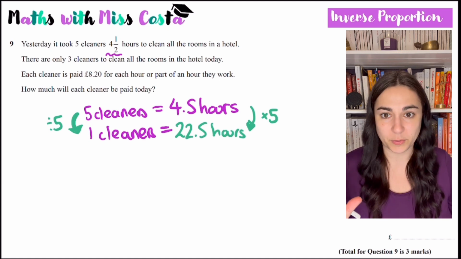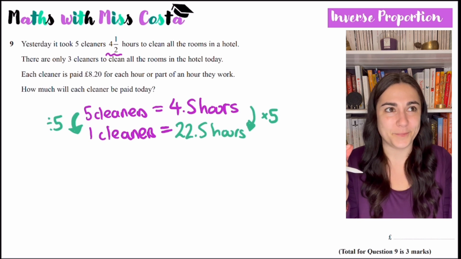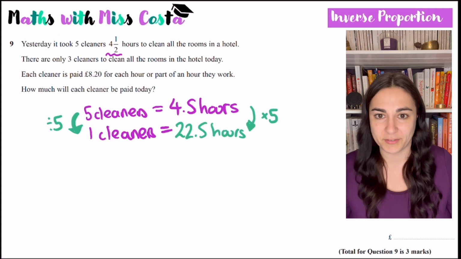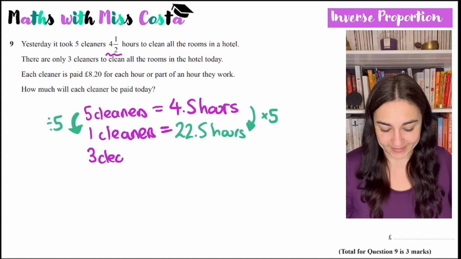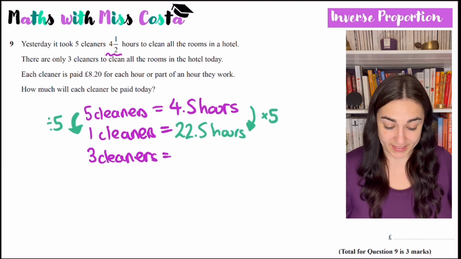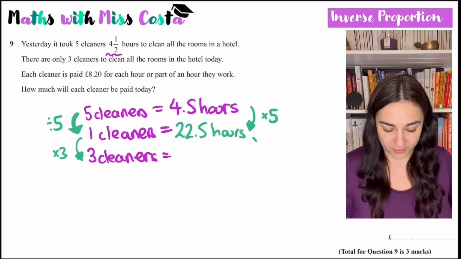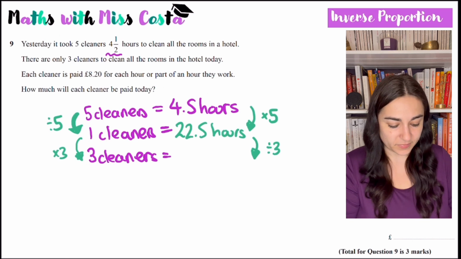So with inverse proportion, it always helps to figure out the total amount of time that it would take one machine or one person or one of whatever thing that they're asking you about. Now I know that there are 3 cleaners. So I know that for one cleaner, it would take them 22.5 hours. How do I get from 1 to 3? Well, I times by 3. So therefore, I'm going to have to do the inverse on this side. I'm going to divide by 3.